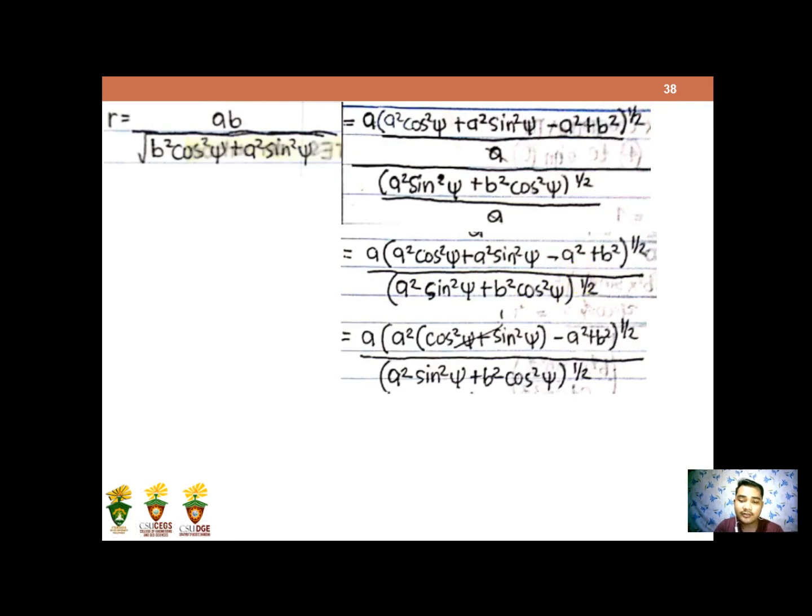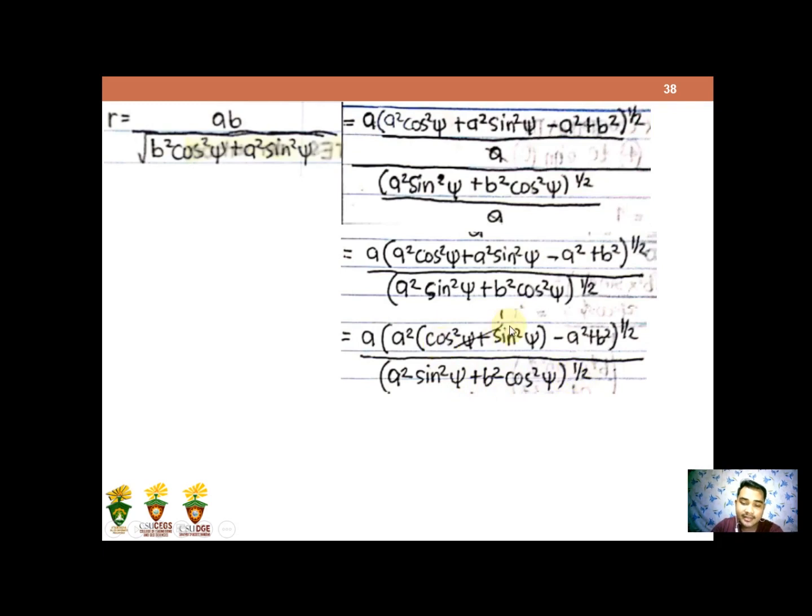Afterwards, we take the common value, we take out a squared from this equation. So a on the outside, times we take out a squared since they have a common a squared. Therefore, we take out a squared, and it becomes a squared times cosine squared geocentric latitude plus sine squared geocentric latitude minus a squared plus b squared raised to the power of 1/2, all over a squared sine squared geocentric latitude plus b squared cosine squared geocentric latitude raised to the power of 1/2.